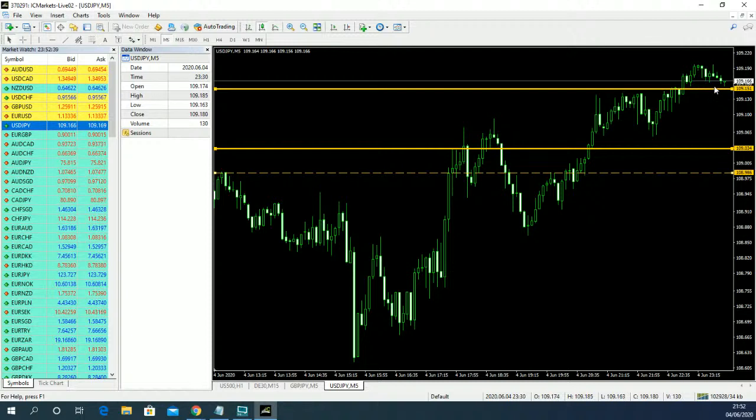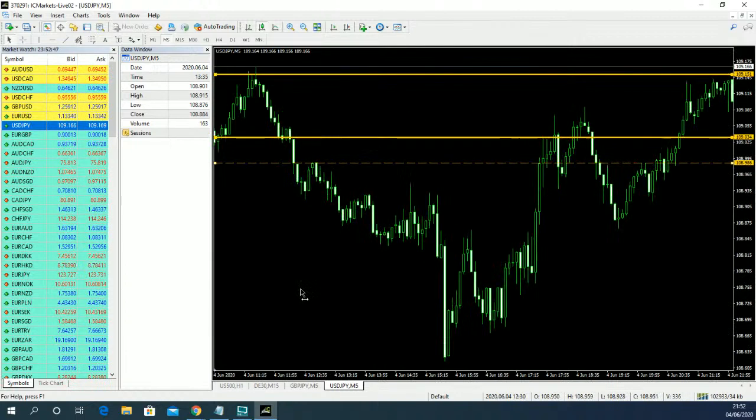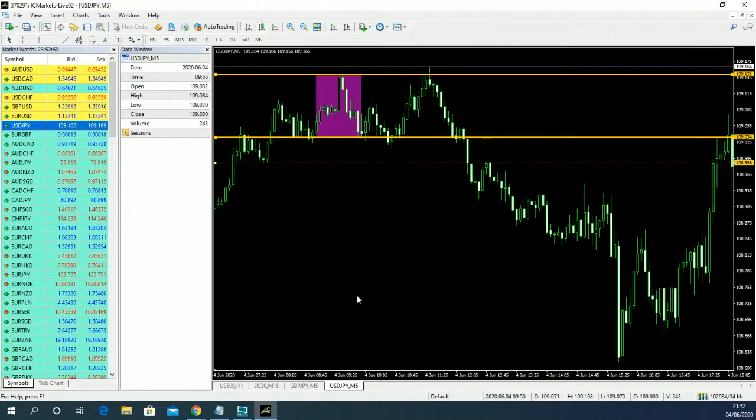Right now it gave us a buy trade, but the market is almost dead, because the US session is almost going to sleep. We are rolling into the Asian session very soon. In fact, the market will close and open in the next 8 minutes.